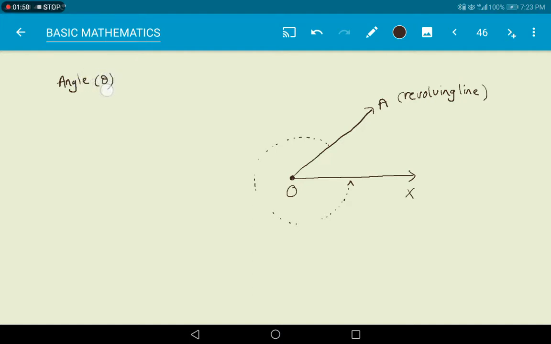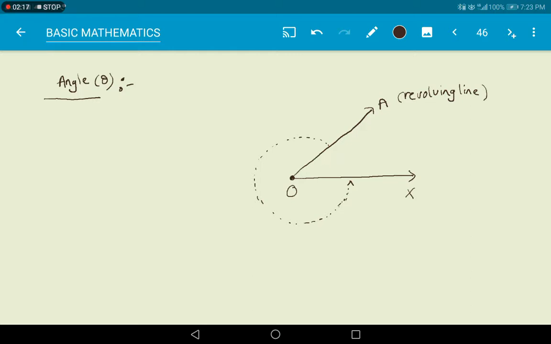So angle is denoted by theta. Angle is nothing but the angular displacement, how many degrees or how many radians the line has rotated. So we always measure the angle of revolution with respect to a fixed axis.